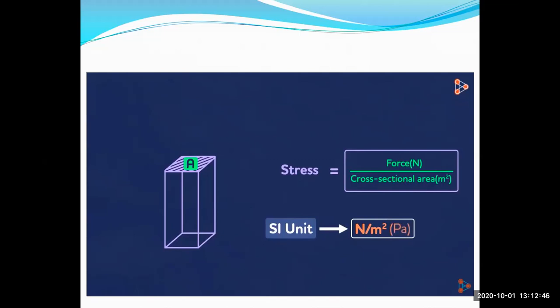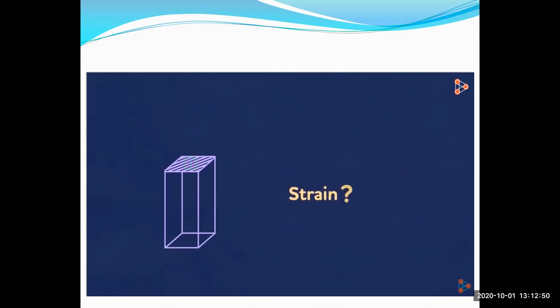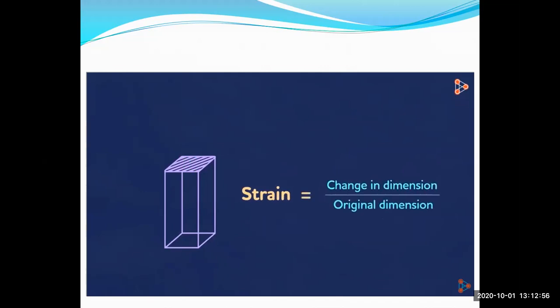Now we know the basics about stress. What is strain? In very simple language, one can define it as change in dimensions per unit of original dimensions. When any object is under stress, it will change one or more of its dimensions. The amount by which the object's dimensions will change will depend on the force applied and the materials the object is made up of.